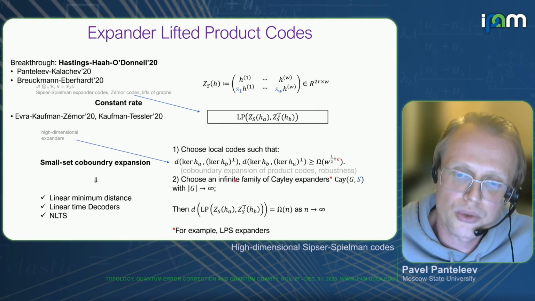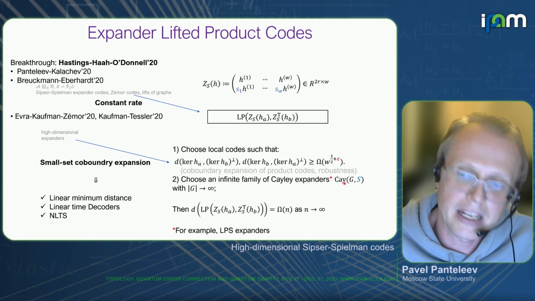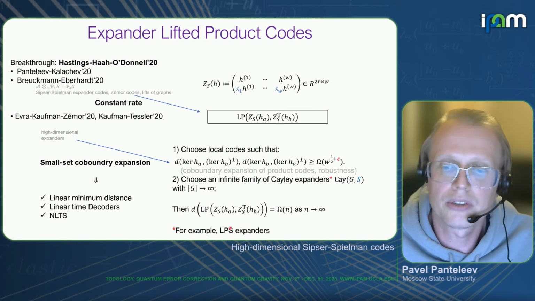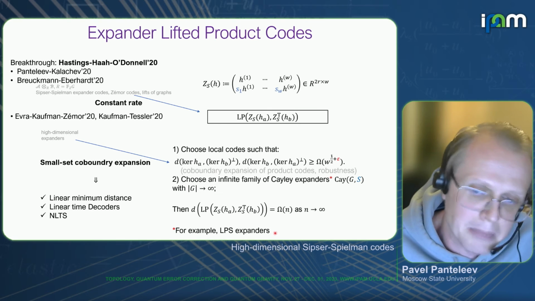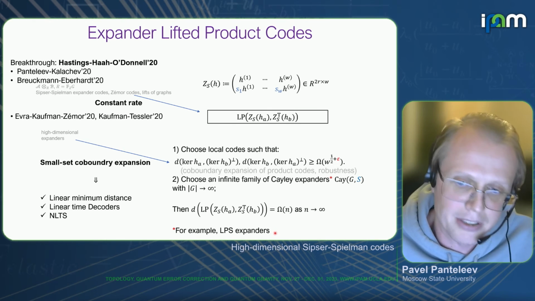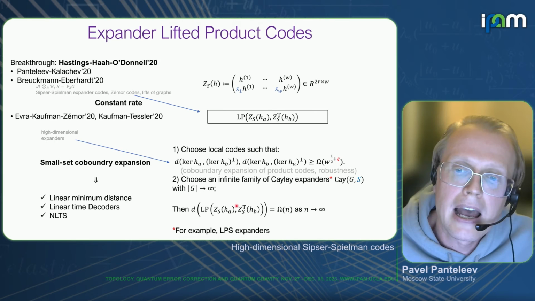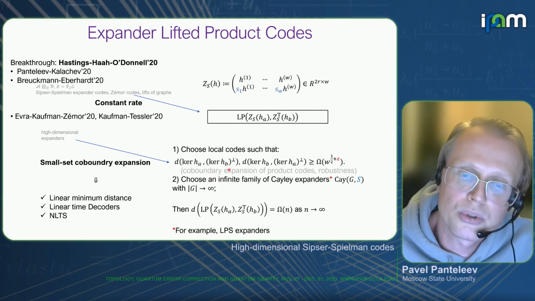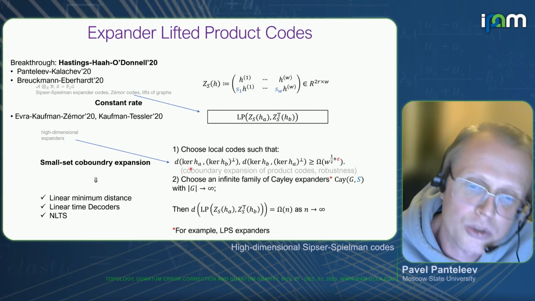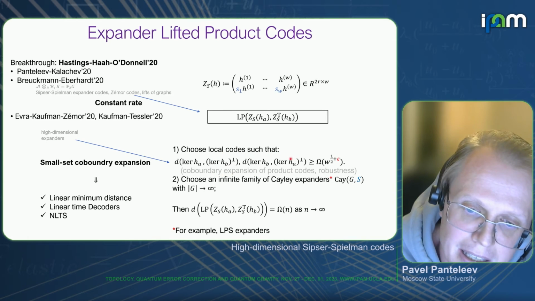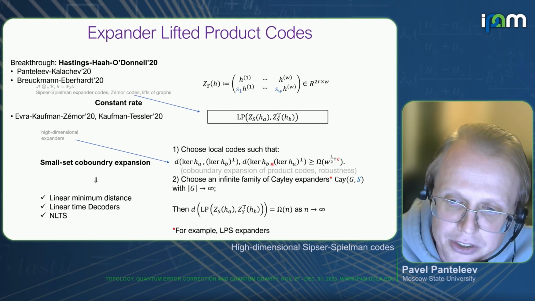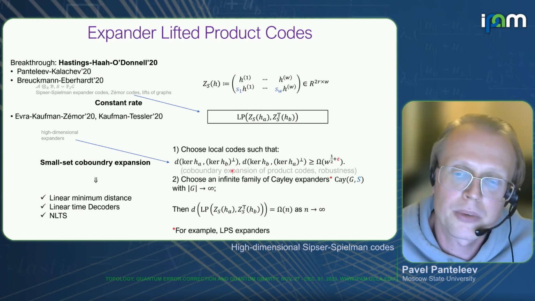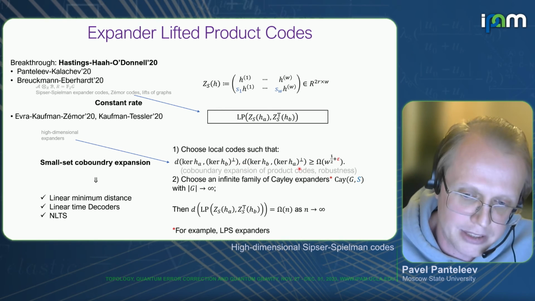And the construction is as follows. First we choose some infinite family of expanders. For example, you can use any family like LPS expanders, but you can also use some other expanders. It's not very important. But it is very important to use a pair of codes that has this property that is shown here, which we called in our paper product expansion.